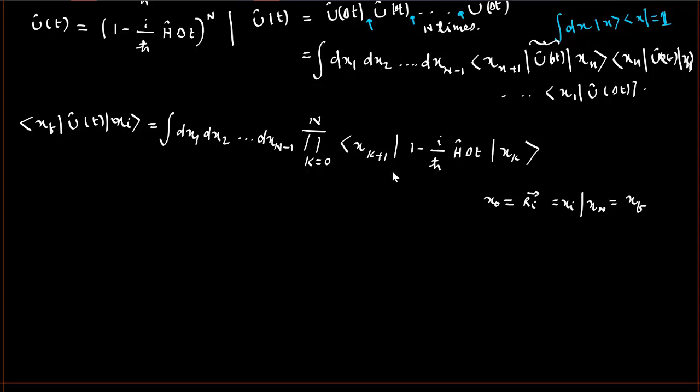Okay, so first of all, what do we have to calculate from this equation? Well, the first term I can see here is 1, so I can write x_{k+1} into x_k. I have to calculate this term first, and then second I have to calculate the other.